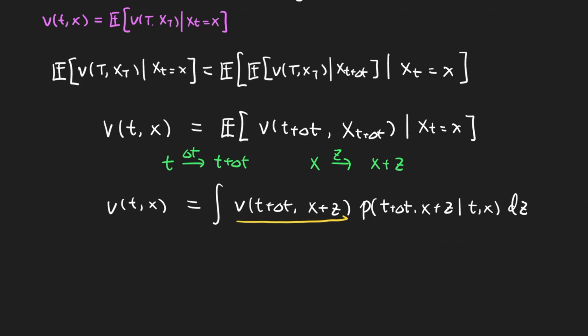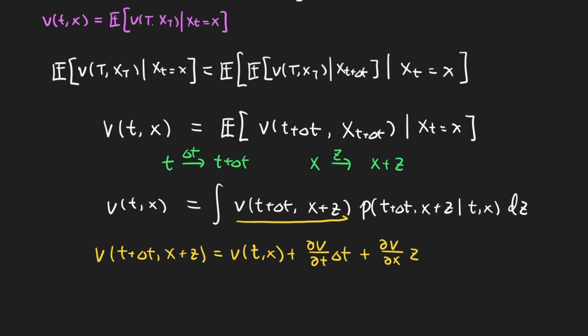So we're going to use a two-dimensional Taylor expansion. We can say that v of t plus delta t, x plus z equals v of t and x, plus the first order change, partial v partial t times delta t, plus partial v partial x times z, plus the second order term.